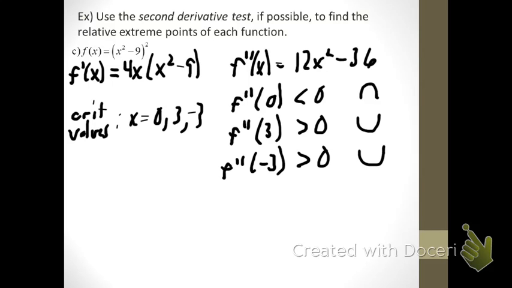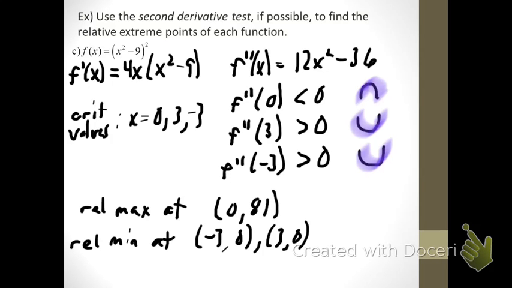And so, since the second derivative was negative at x equals 0, that critical value was a relative maximum. And since the second derivative was positive at the other two critical values, those two were relative minimum values. So the conclusion is what you're going to see on your screen right now.